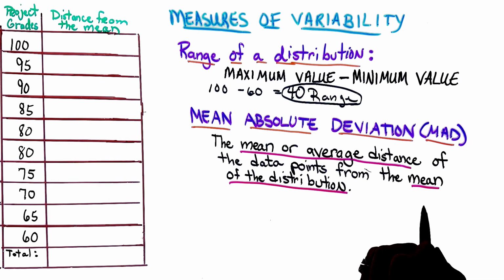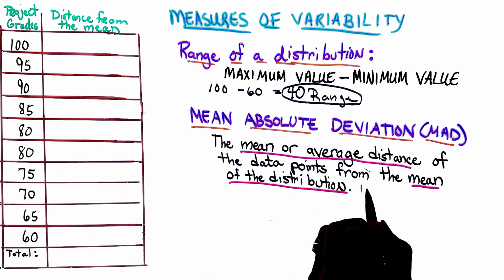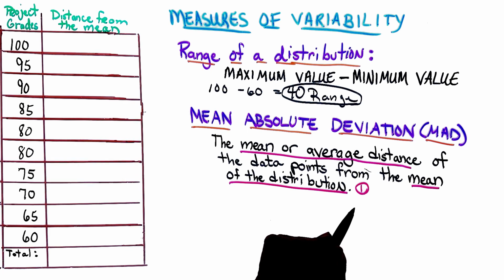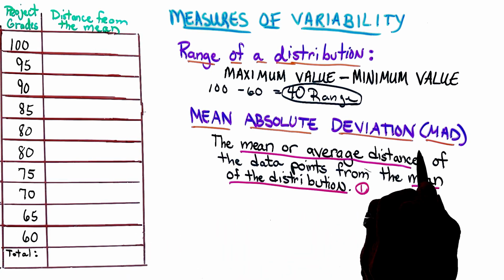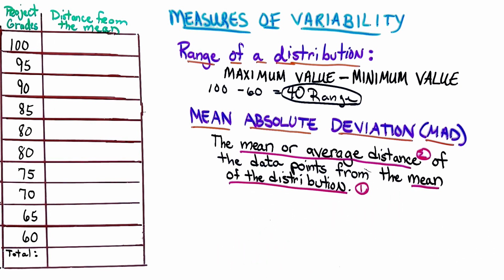The first step, number one, we are going to find the mean of the distribution. And then the second thing we're going to do is find the mean of the distances from the data points.